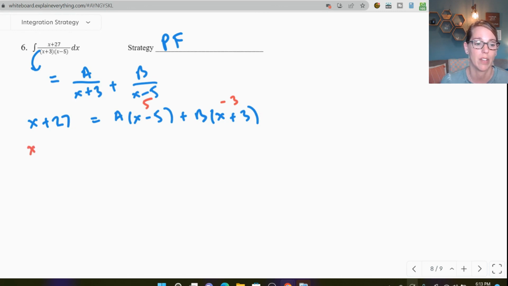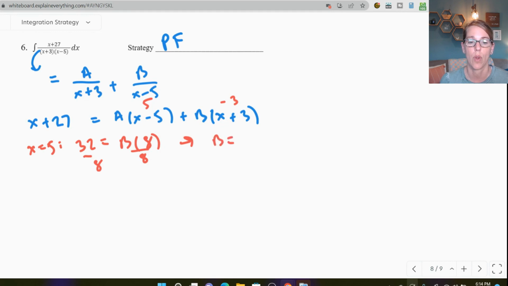Let's go ahead and start with x equals 5. So when x is equal to 5, I get 5 plus 27, that's 32. A is going to zero out, and then I get b times 5 plus 3, so b times 8. I'm going to go ahead and divide both sides here by 8, and b is equal to 4.